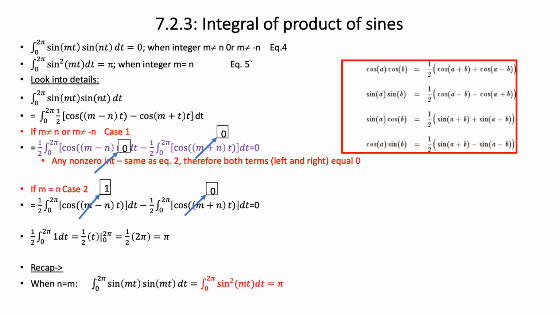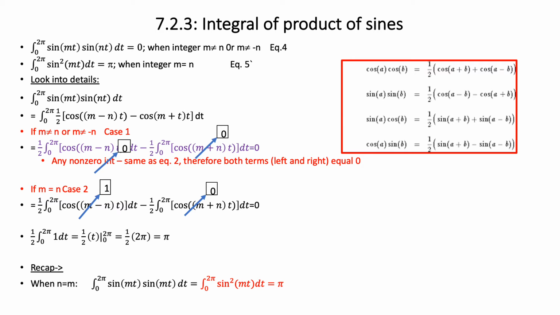Now let us look at the integral of the product of sines. If we integrate the product of sin mt times sin nt, based on the trigonometric identity table provided here, we can rewrite the equation into the integral of half of cos (m minus n)t minus cos (m plus n)t dt for 0 to 2 pi.